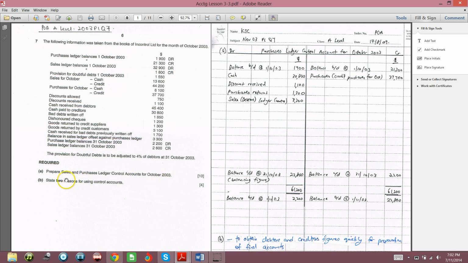In other words, prepare the debtors and creditors control account for October 2003, and then state 2 reasons for using control account. This question carries 14 marks. So I'm going to draw up the structure here.